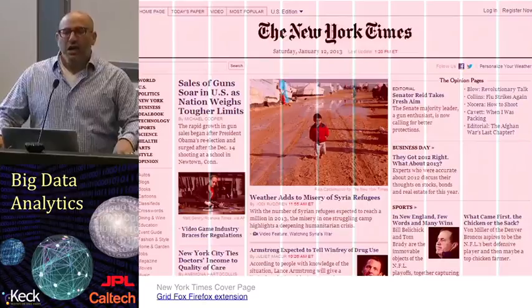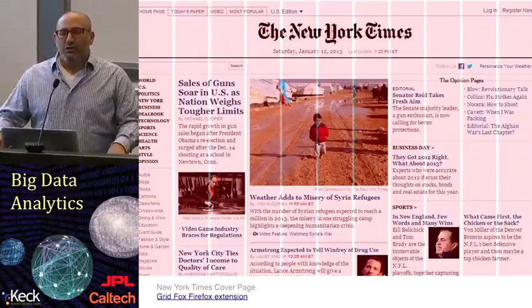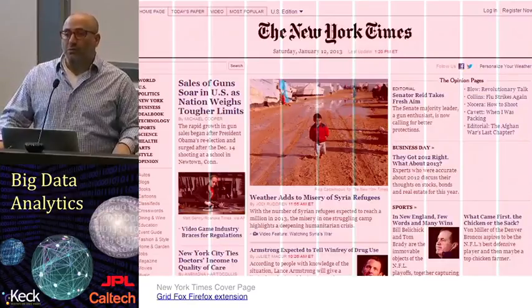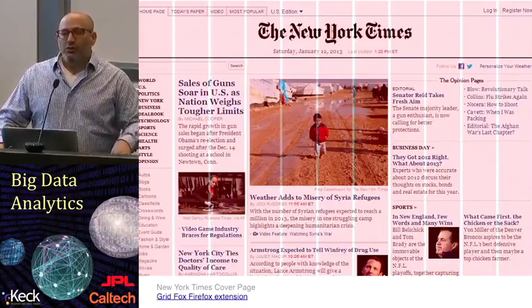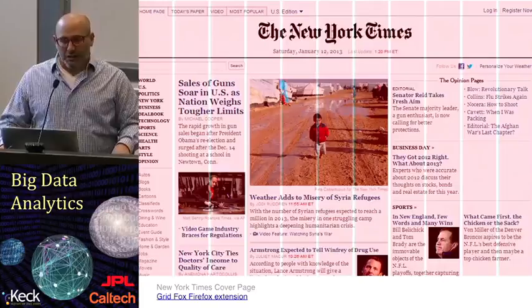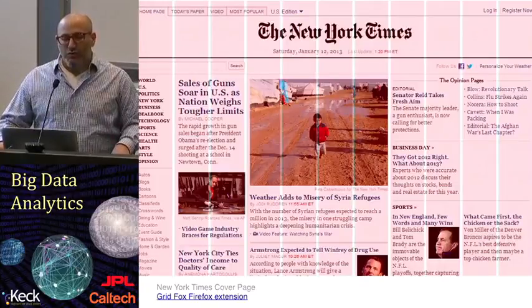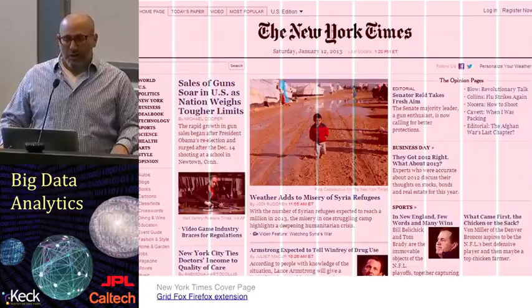So you can see how the grid system is utilized by a newspaper like the New York Times to present what is truly a very dense amount of data. And one of the reasons that it makes sense is because they have so strictly enforced the grid.